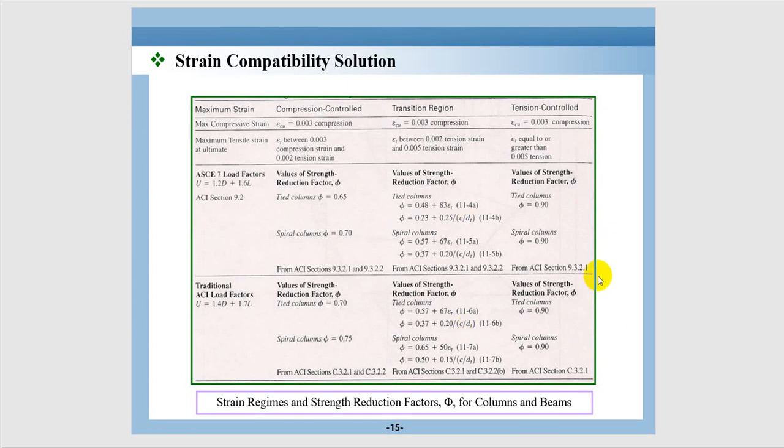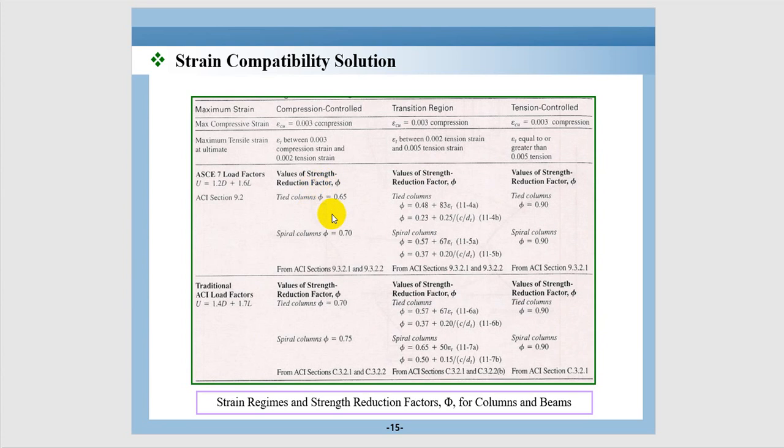Okay, here we have a table that helps engineers calculate phi factors. The phi factor is a strength reduction factor, which makes the design safe against the factored load.